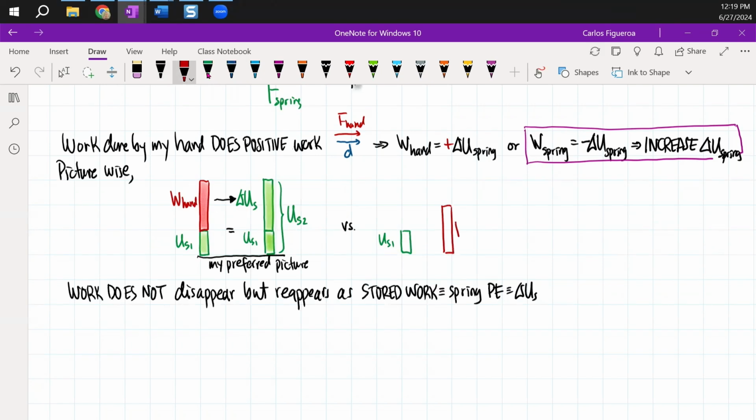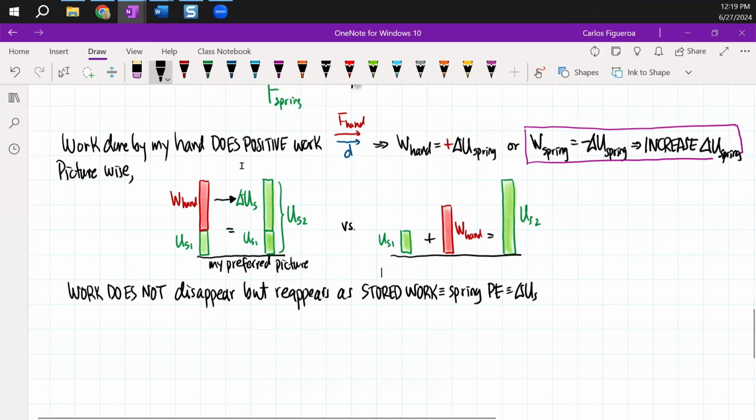And now this is the work of my hand. And so as a consequence, I now have a higher energy state in my spring potential too. So that's another picture. Like I said, I prefer the one on the left.